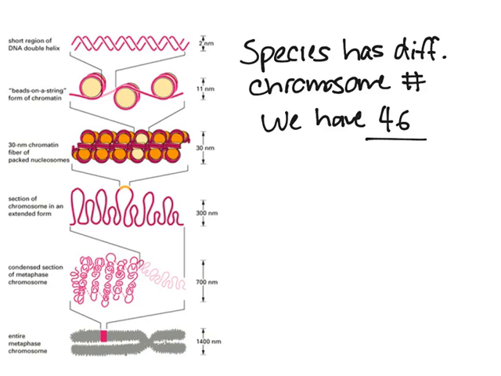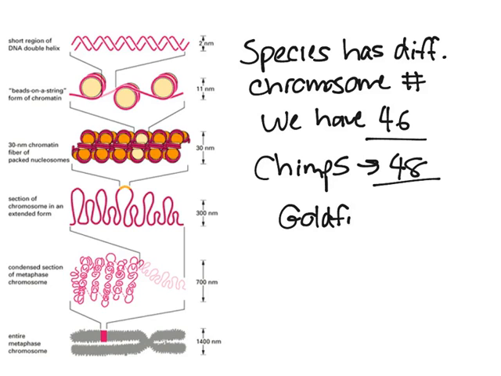So we have 46, and then, for example, chimps have 48, and then goldfish actually have 94. So as you can see, the chromosome number does not determine how well developed an organism is.